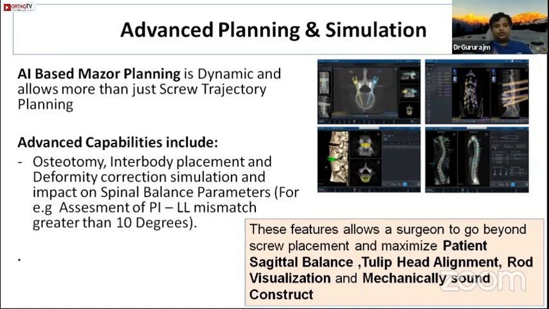It also allows you to plan a deformity correction in a simulation model, to achieve perfect sagittal balance parameters, PI to LL matching. That helps in patient sagittal balance, and it also helps in tulip head alignment. Pre-operatively in your cabin, you can perfectly plan the rod alignment also, how much the rod has to be bent. All that can be planned before you enter the operation theater.